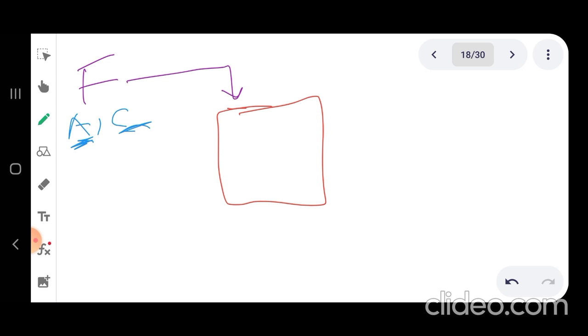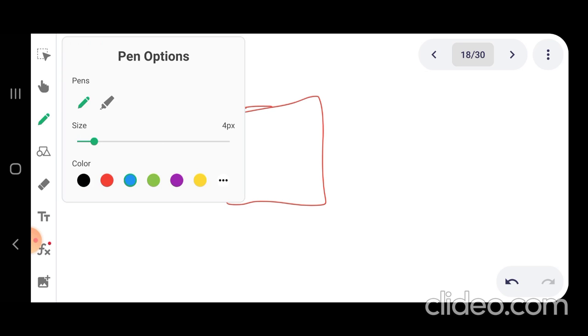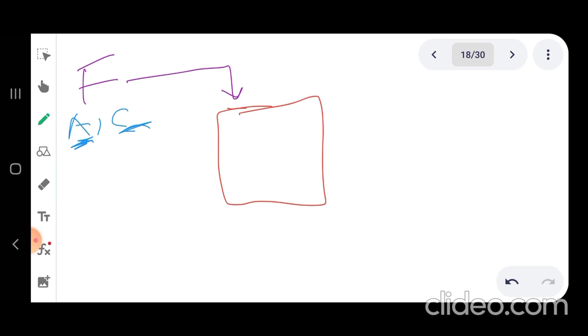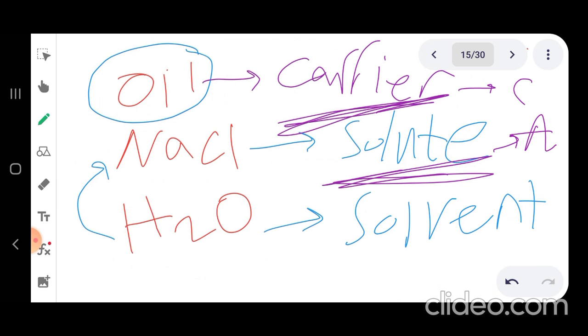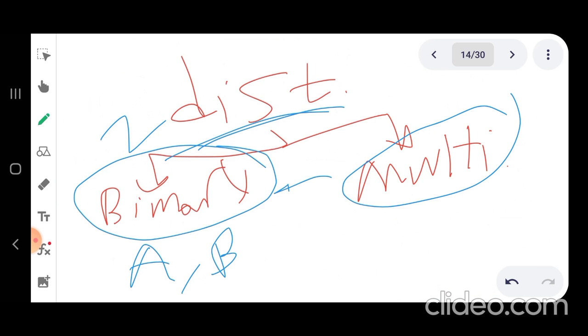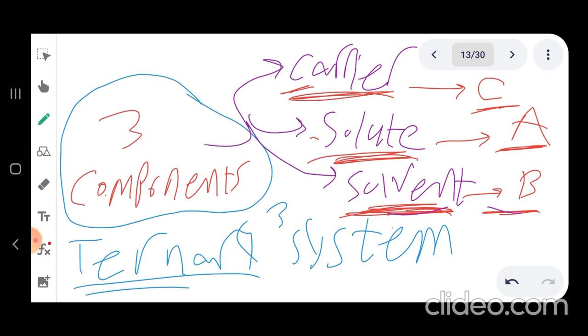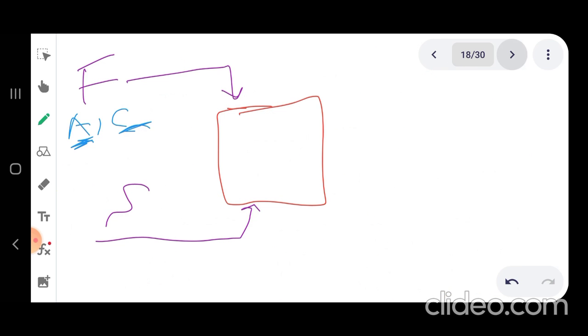Okay. And then we are going to feed the solvent, and the solvent stream we are going to call S. Someone may wonder, wait a minute, you said that the solvent we are going to call B, so why do you call the solvent S?